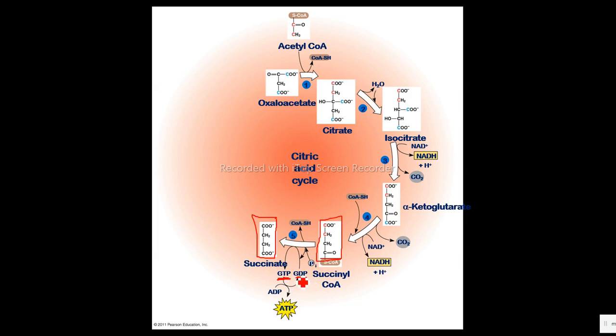It is GDP, and when you add a phosphate group, you can see an inorganic phosphate within the cytoplasm.